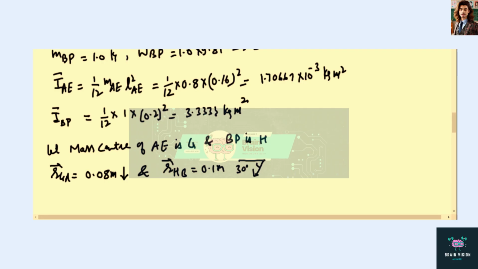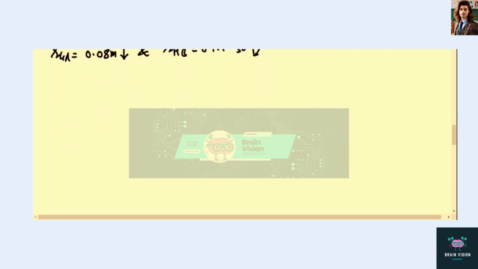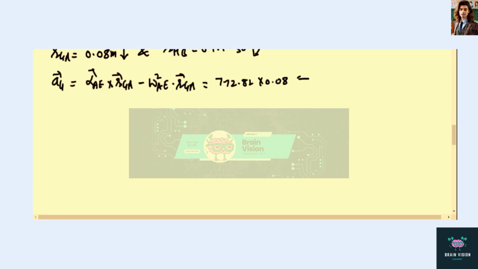Now acceleration of mass center, acceleration of G, can be written as cross product of angular acceleration and its position vector, so alpha AE cross RGA vector minus omega square AE into RGA vector, that is 772.82 into 0.08 towards left plus 20 square into 0.08, where unit will be meter per second square.